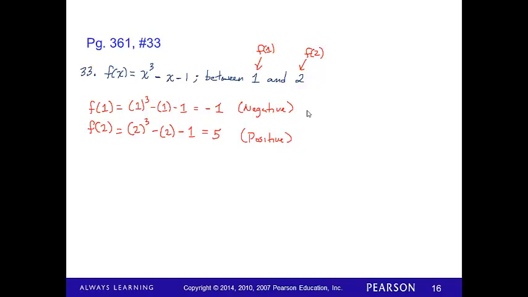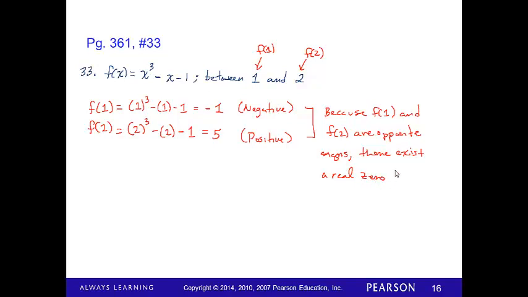So this is your proof enough: because f of 1 and f of 2 are opposite signs, there exists a real 0 between 1 and 2.